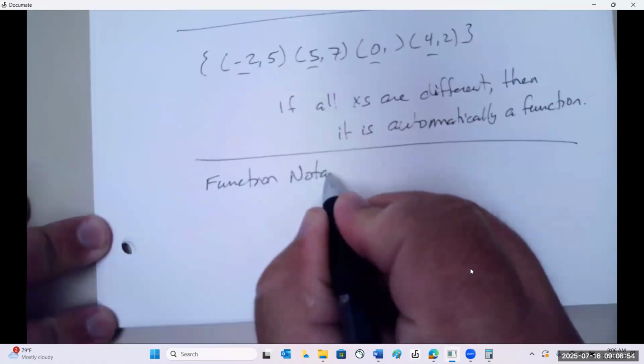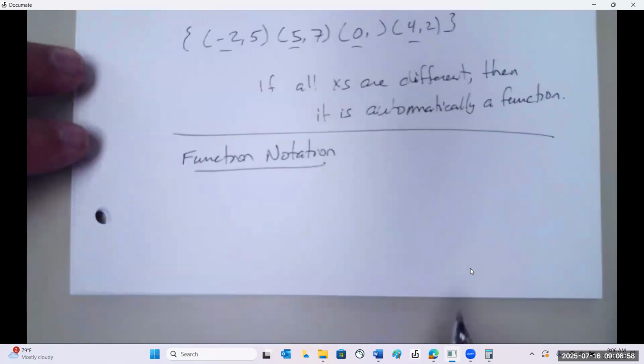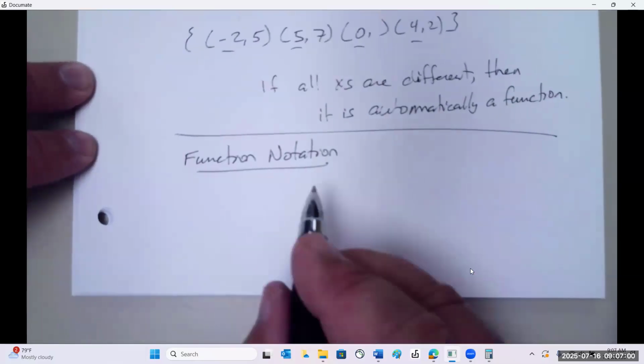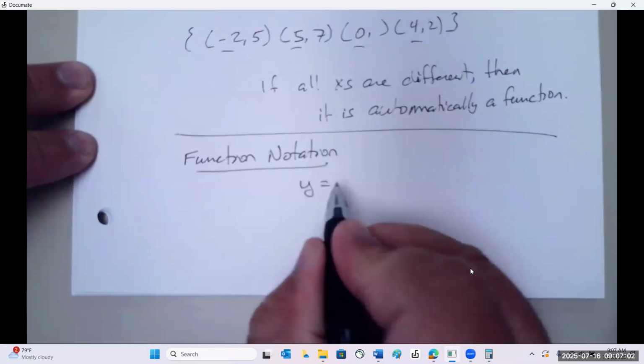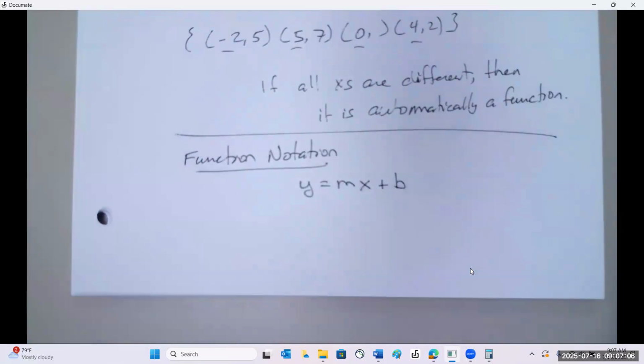Function notation. We're used to writing an equation this way. That's just a standard equation.